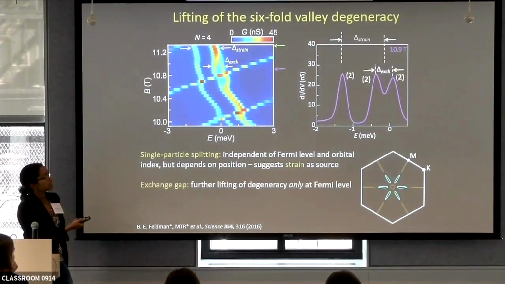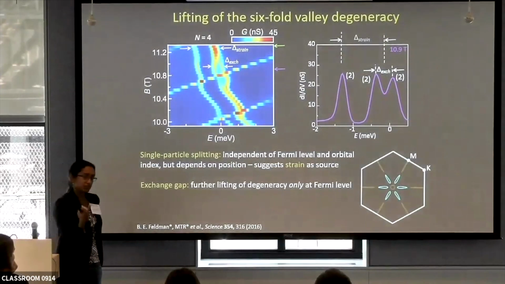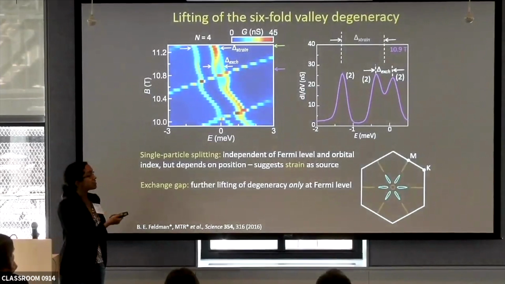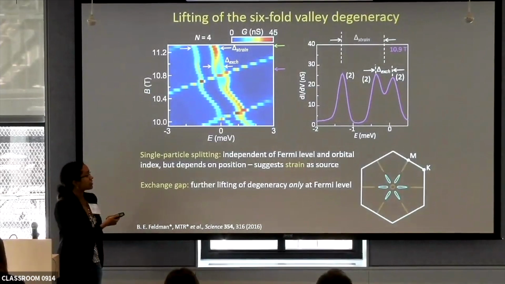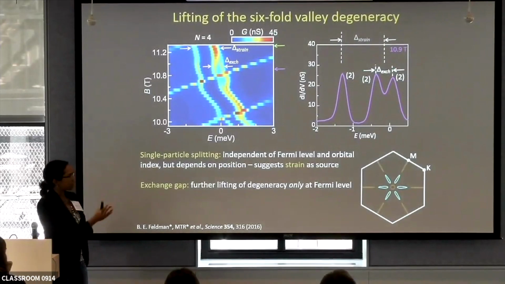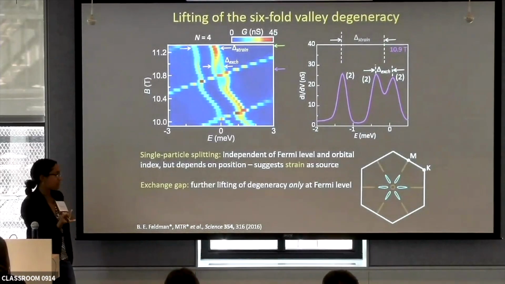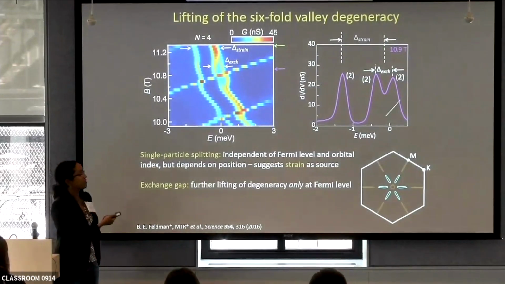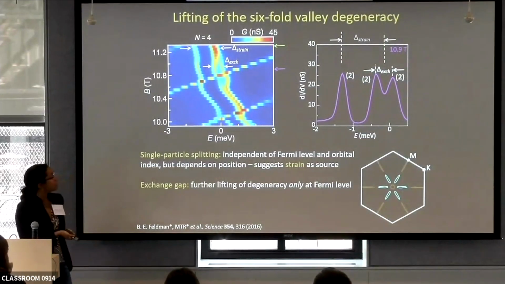And at this magnetic field here, you see if you look at the individual spectrum, that 4-fold degenerate state further split. And this is due to this exchange interaction that I was talking about, where when this level is partially filled, it splits due to Coulomb interactions. And this splitting only occurs around the Fermi level.